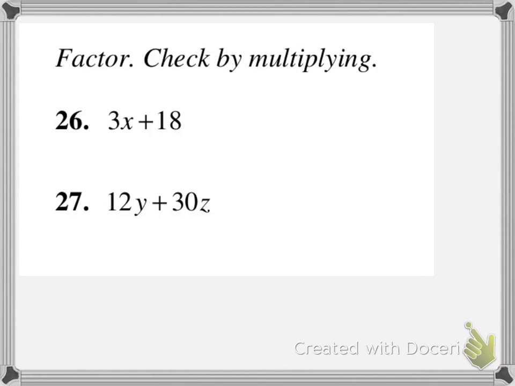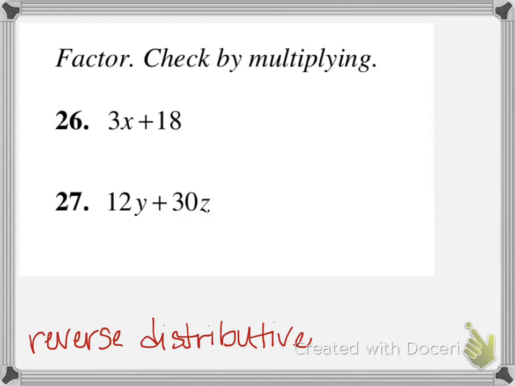Now factor, check by multiplying. This is reverse distributive, if you want to think of it that way. In other words, something was distributed to both of the terms. So if I see 3x plus 18, what do they have in common? Well, 3x and 18, they have a 3 in common.